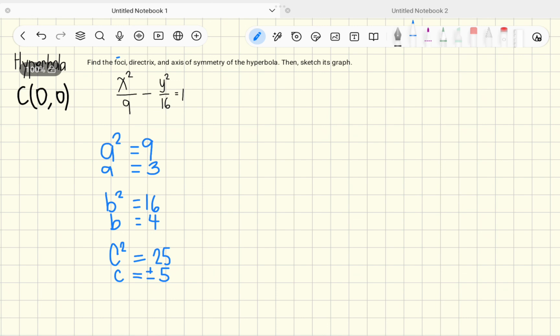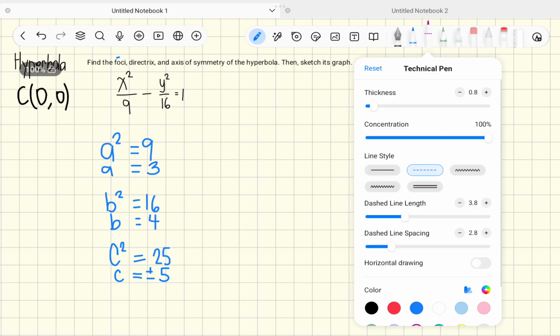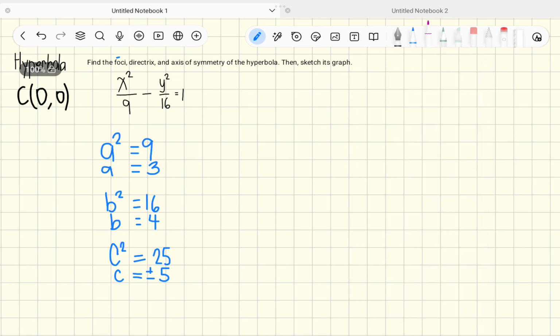Then we need to get the directrix and the axis of symmetry. But if you think about it, what does axis of symmetry mean? What is it trying to say?